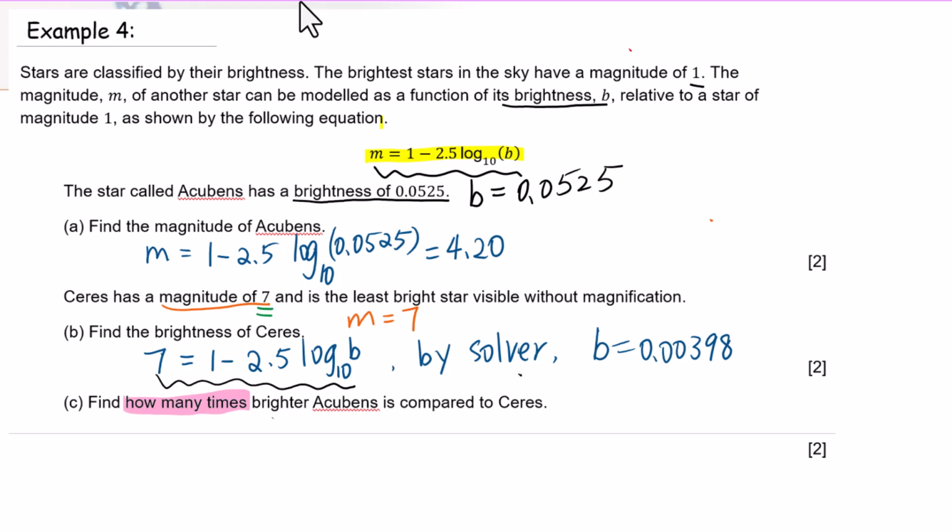Let's go to C. Find how many times brighter Acubens is compared to Sirius. How many times means we need to do the division. The brightness of Acubens is given, 0.0525. The brightness of Sirius is here, 0.00398.